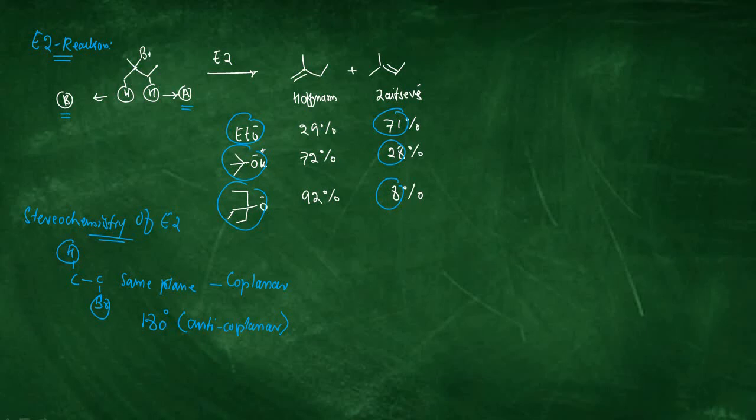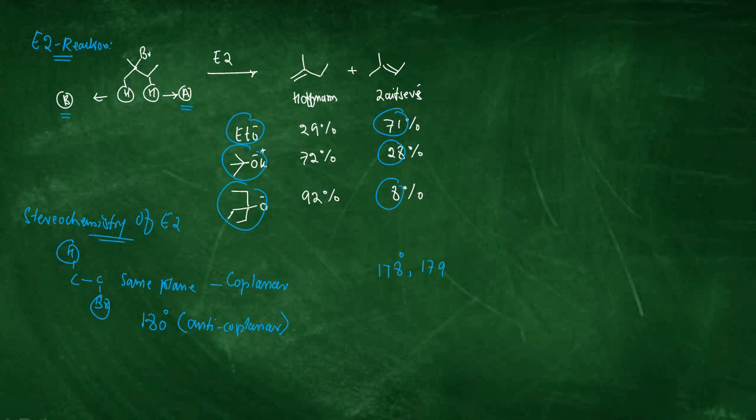Especially when we talk of the E2 elimination reaction, the two groups are not always exactly at 180. Many E2 reactions have been found to proceed at appreciable rates even if the angle is less than 180, for example, 178 or 179 degrees.